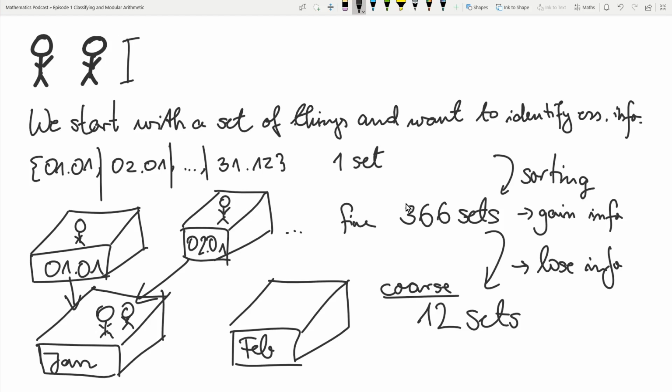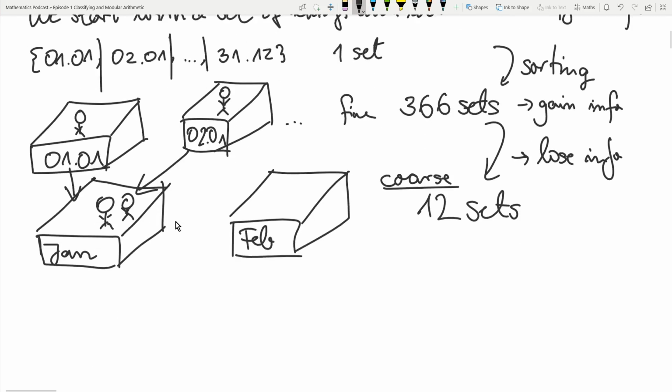You could go even further and say, well, maybe we not only have each day of each month, but also every single minute of the day. You could make this even finer if you wanted to. So, what have we learned here?